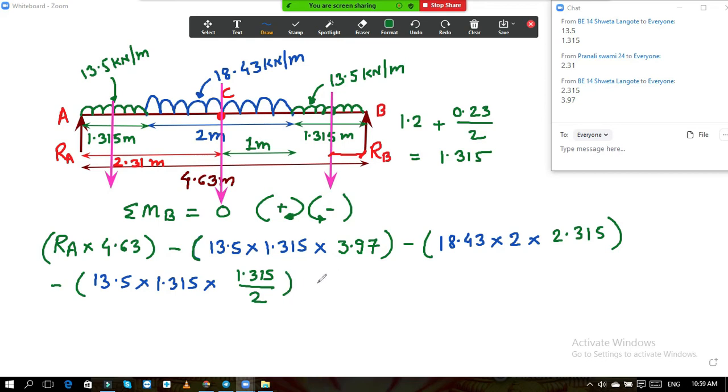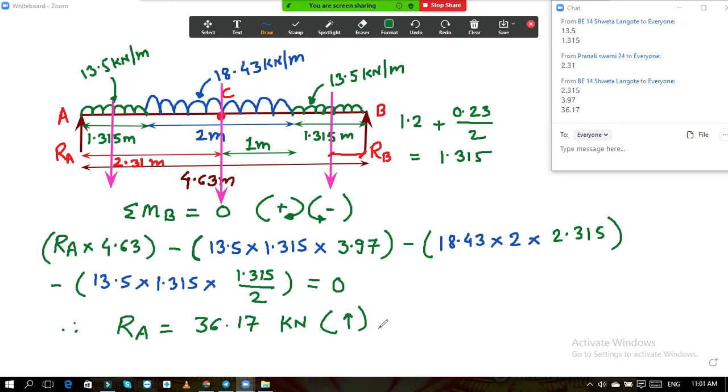Okay, and all these things must be equal to 0 because RB is passing through point B. So now if you solve it, you will get the value of RA, 36.17 kilonewton, and we are getting positive value, so RA is upward. Our assumed direction is correct.